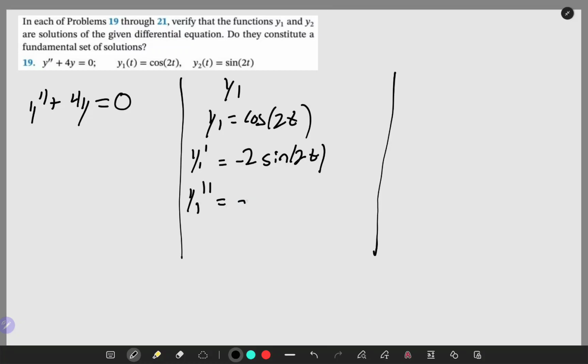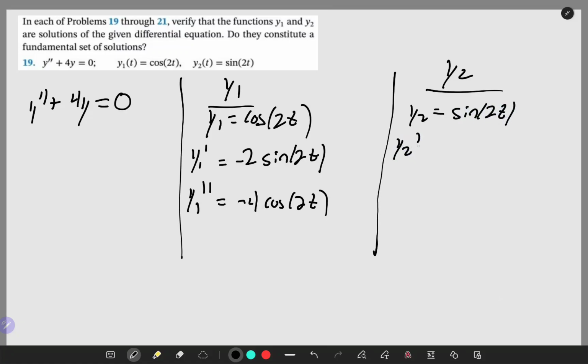This would become negative 4 cosine of 2t. Let's do the same thing for y2. So for y2, we have sine of 2t. y2 prime would be 2 cosine of 2t. And y2 double prime would be negative 4 sine of 2t.